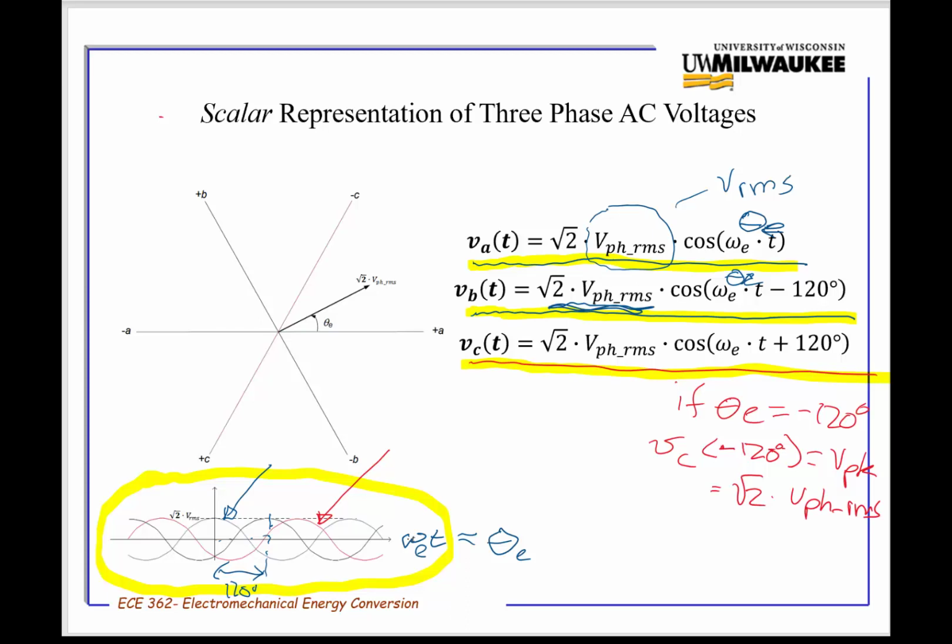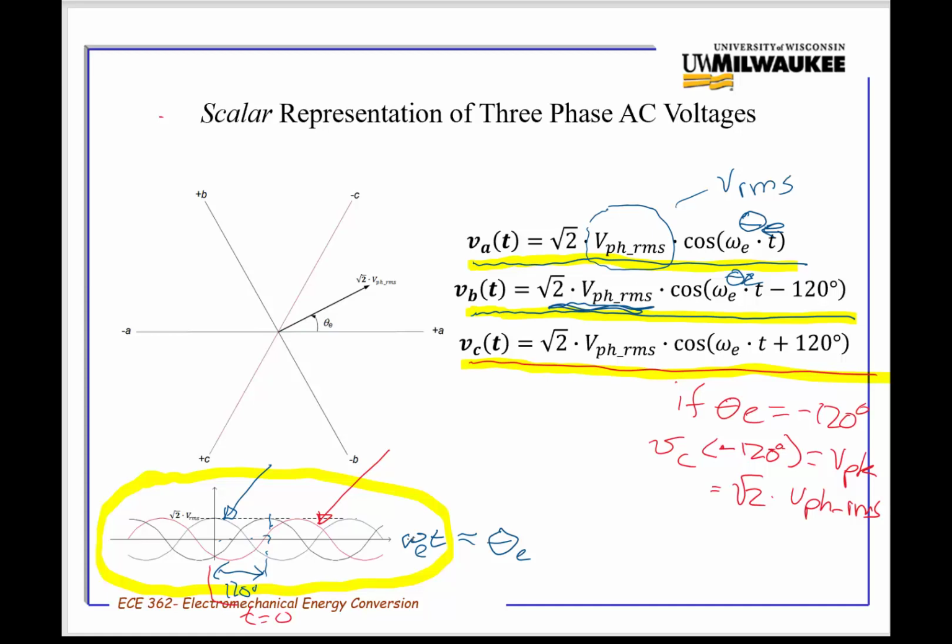Now this one is a little tricky. You say, well, I'm moving along in time. You're saying this is the beginning of my time reference right here. So how can I become negative? Well, here is where the repetitive periodic function helps us out.